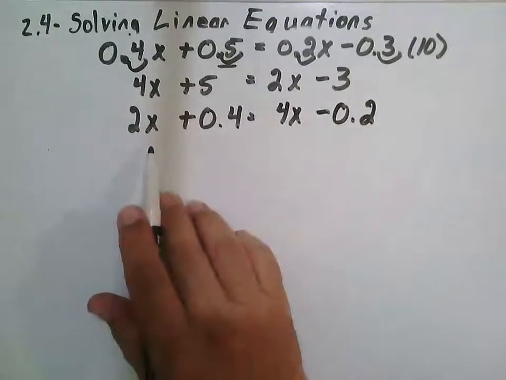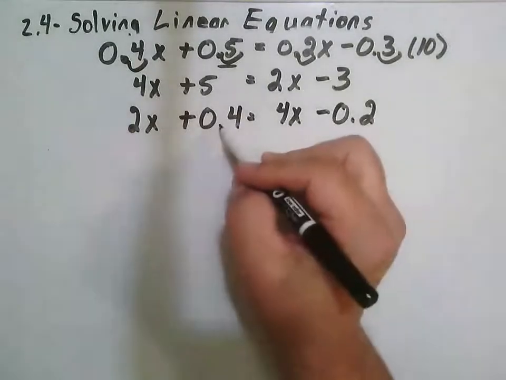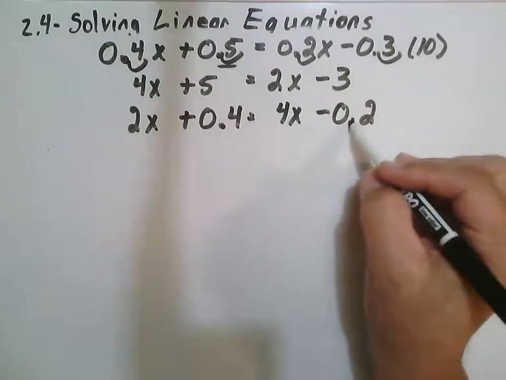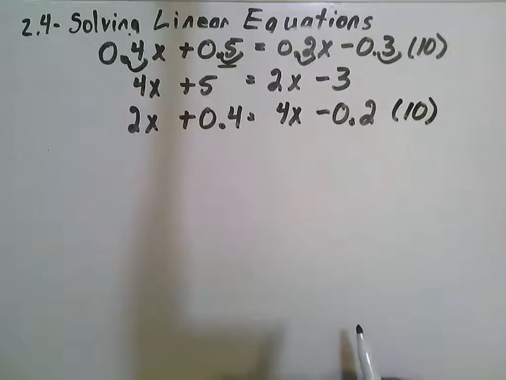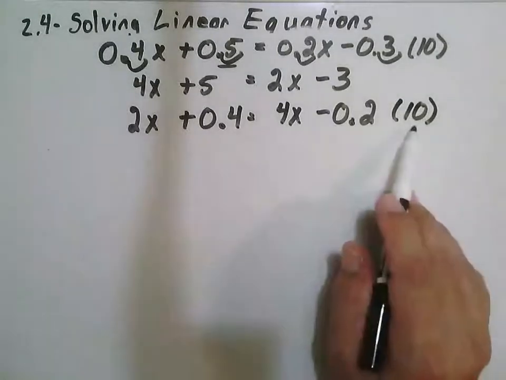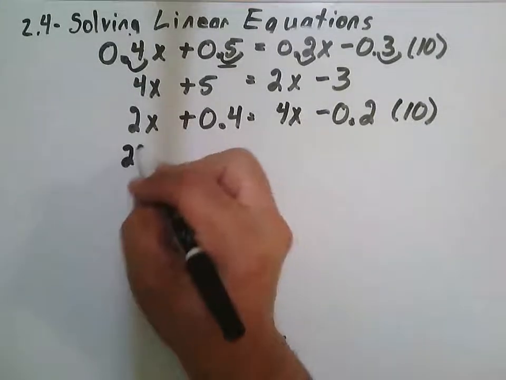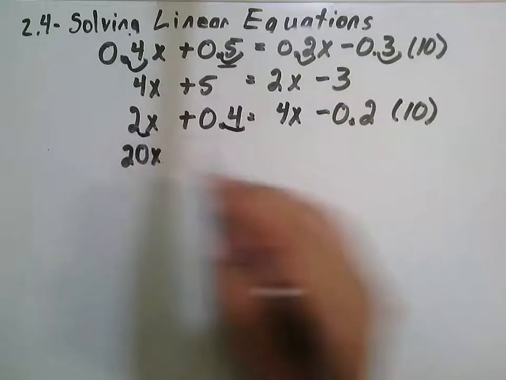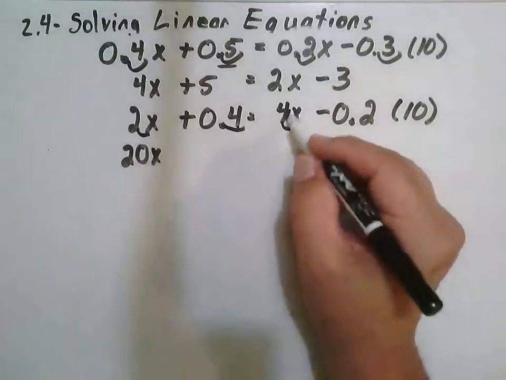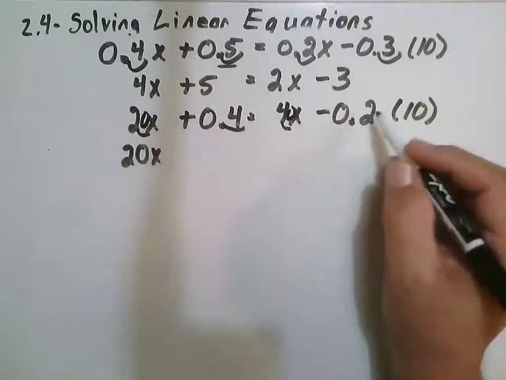Once again, I have whole numbers, and now I have decimals. It's still easier to remove all the decimals by multiplying this entire thing by 10. This turns 2 times 10 into 20x. This is just going to move everything one to the right, and when it does that, these just fill in with zeros.